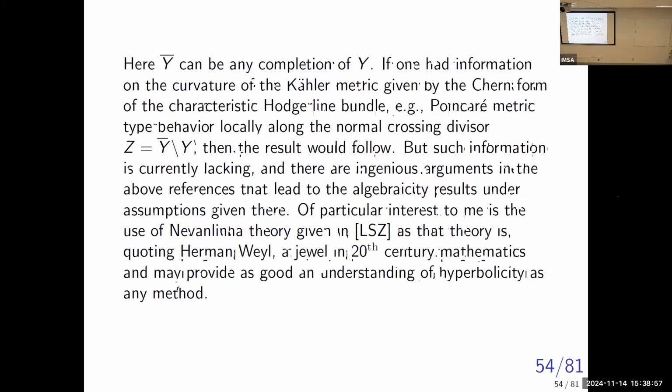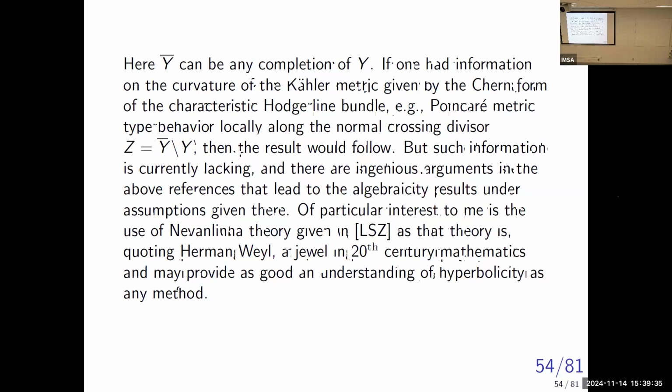Nevanlinna theory says that any holomorphic mapping defined on the complex plane, or any meromorphic function defined on the complex plane, can omit at most 2 points in its image. So the Nevanlinna defect counts the number of times a point in the projective line is hit by a holomorphic map from C to P1.